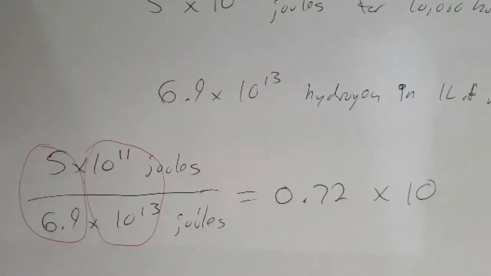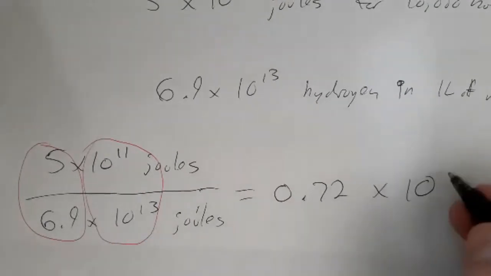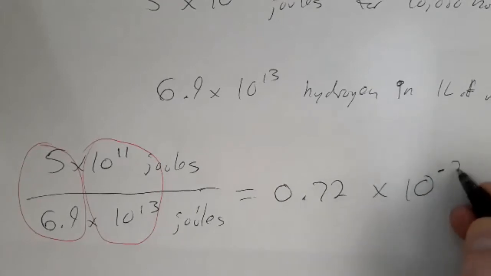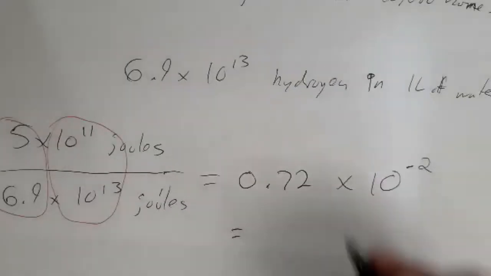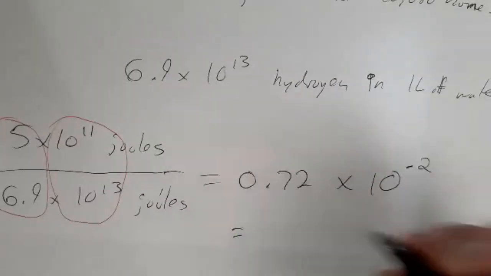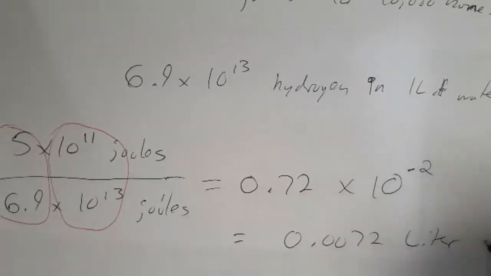I talked about this in my notes, but for the powers of 10, 11 minus 13 is going to give me minus 2. They converted to standard notation, so we're moving this 2 spots to the left, 0.0072, and this is liters of water.